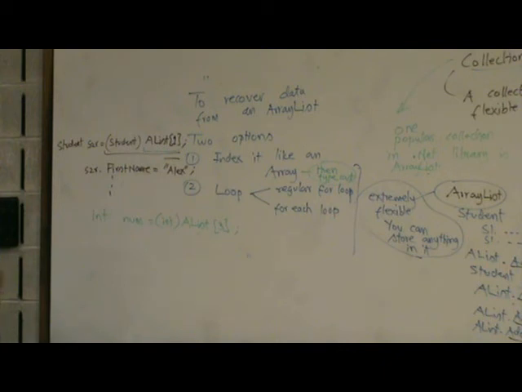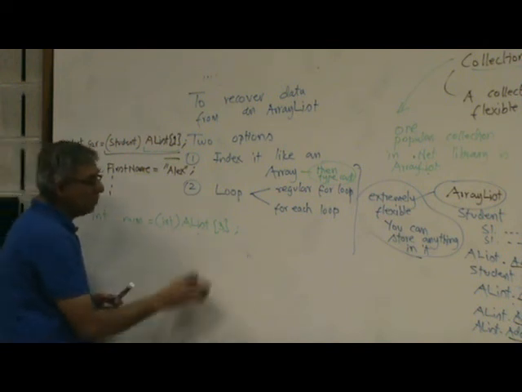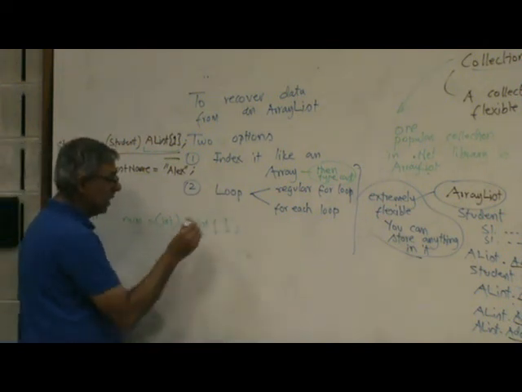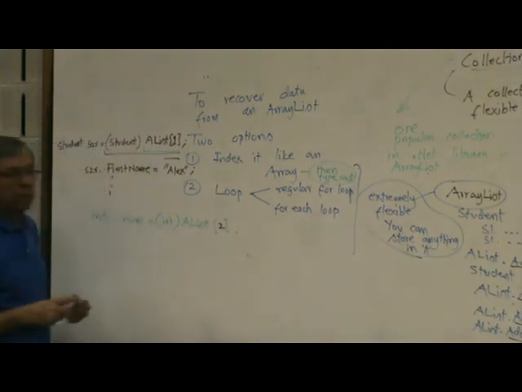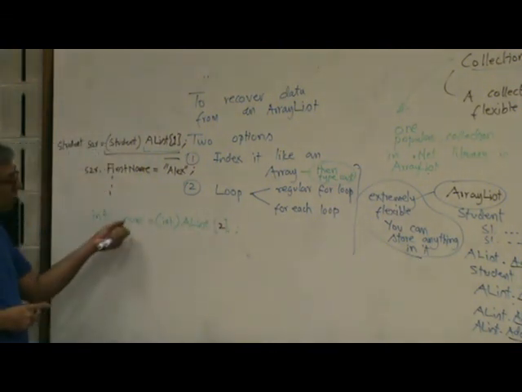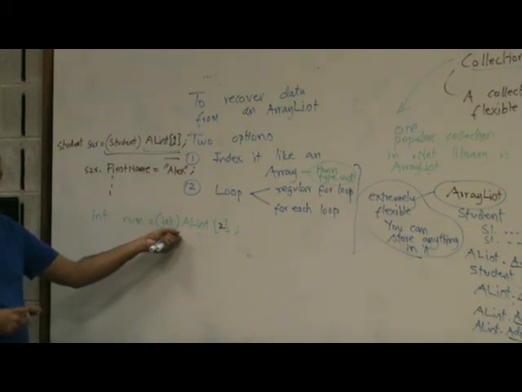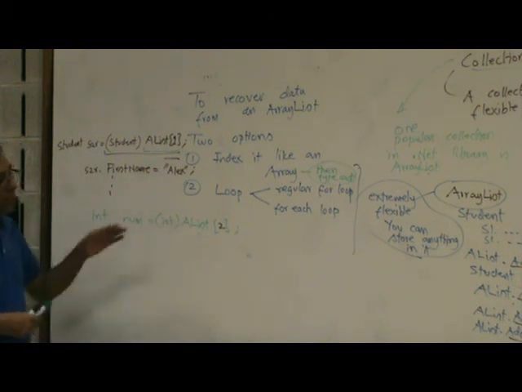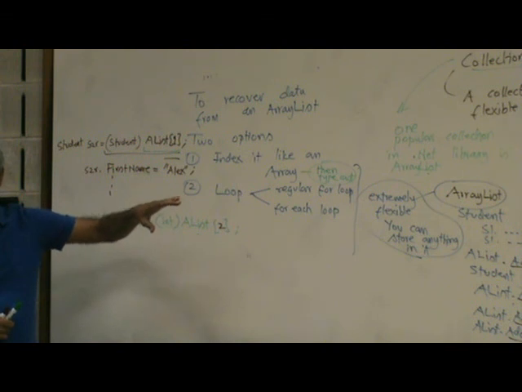What if you don't know the data that you had stored? Or what will happen if by mistake you said over here a list of 2? Will the compiler compile it? See, the compiler does not go and check what data you had stored.